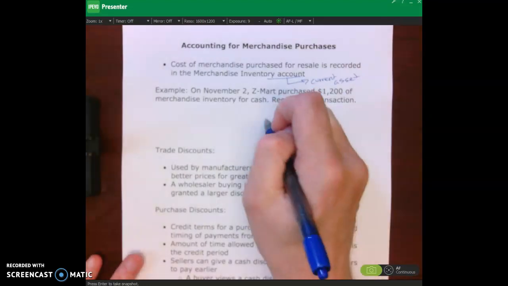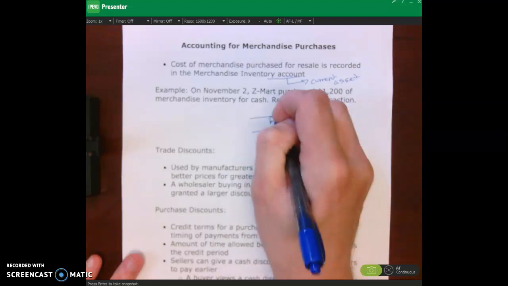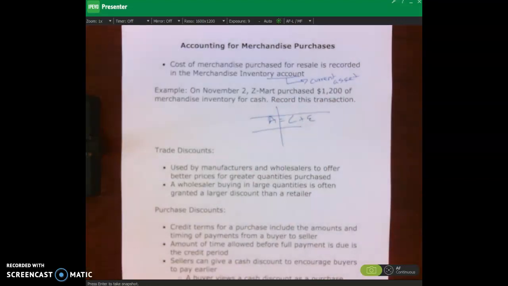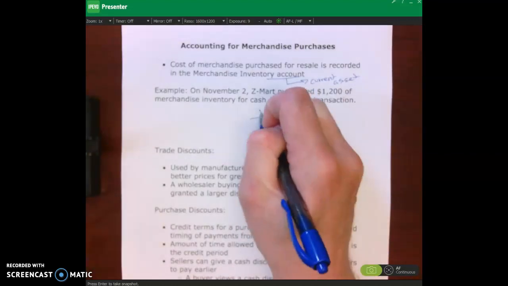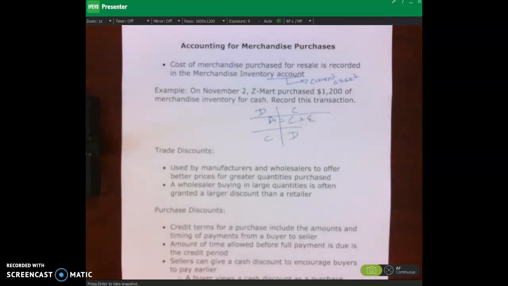And so remember our accounting equation with our debits and credits. Everything comes back to this. That's what I was saying, making sure you understand chapters 1 through 4, okay? And we got debits, credits, debits. So, purchased $1,200 worth of merchandise inventory with or for cash. What do you think the journal entry is?